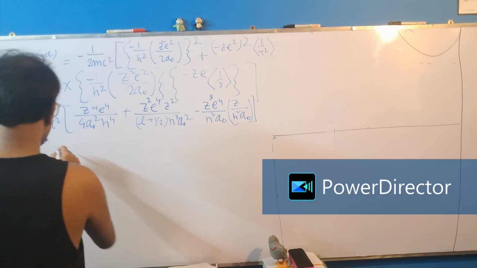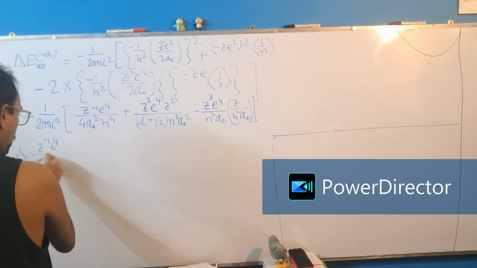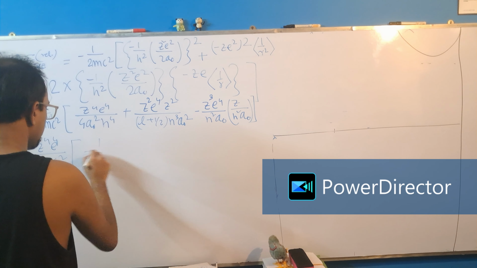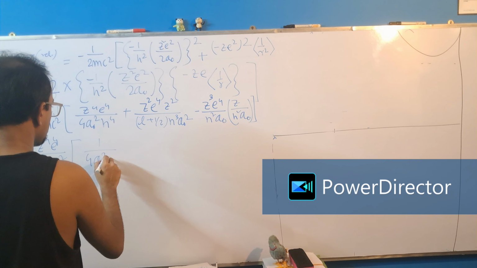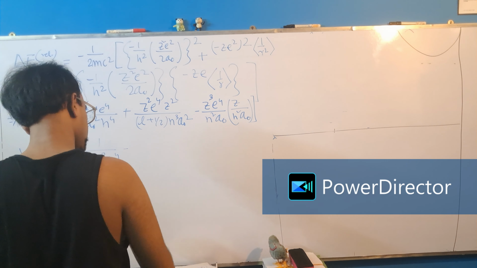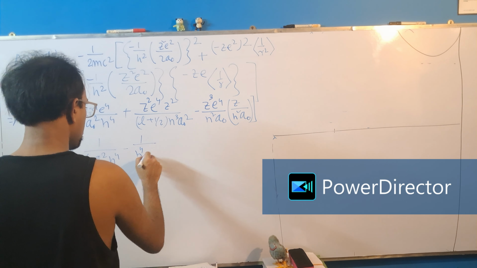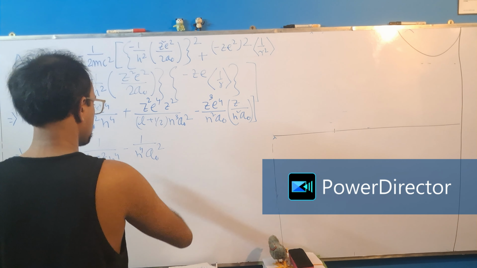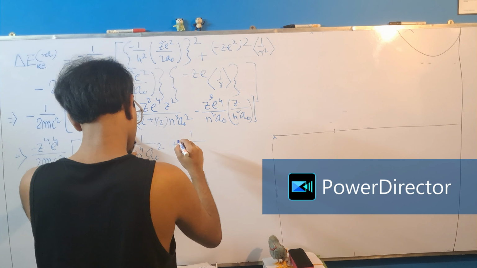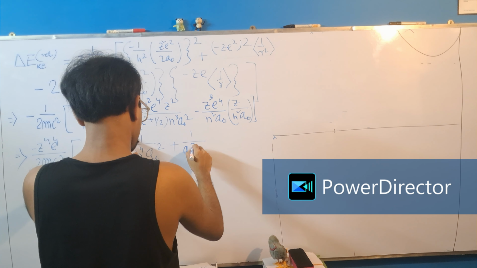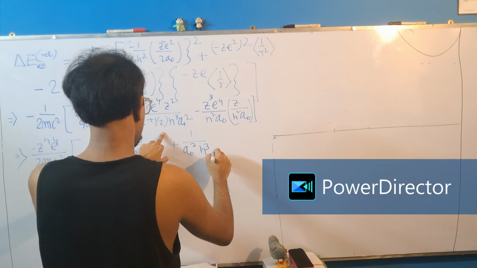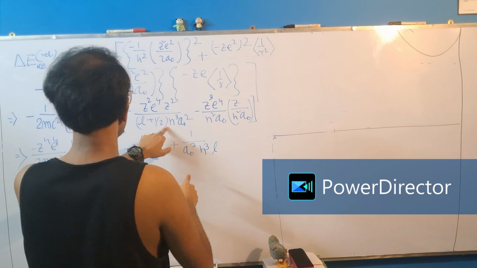From here we can write Z to the power 4 e to the power 4 common out, and by 2 mc square will remain as it is, and it will give us 1 by 4 a naught square n to the power 4 minus 1 by n to the power 4 a naught squared plus 1 by a naught square n cube l into a naught square cube Z to the power half.